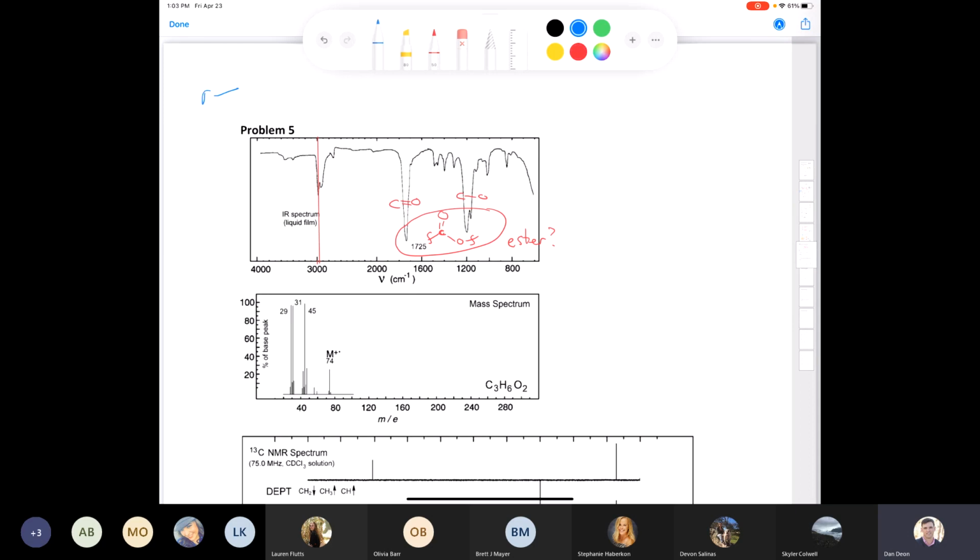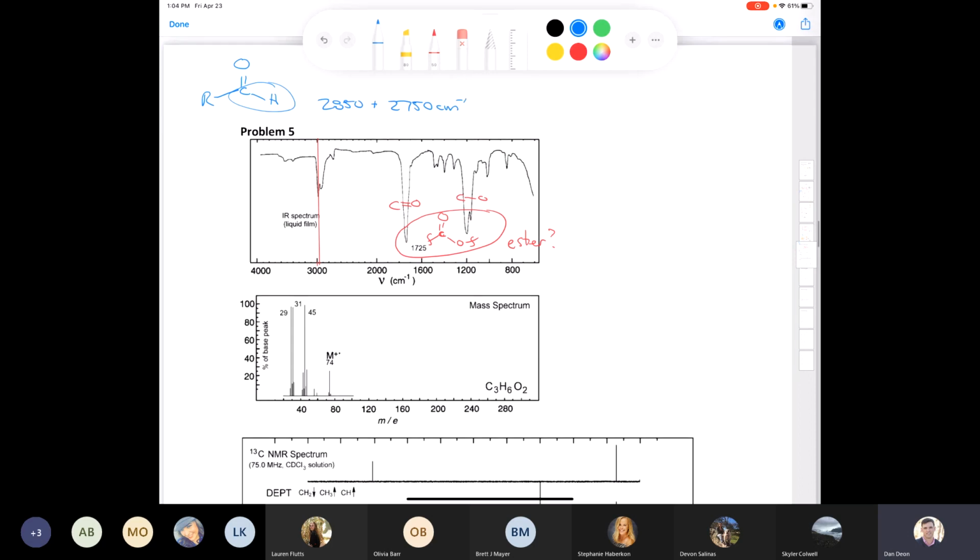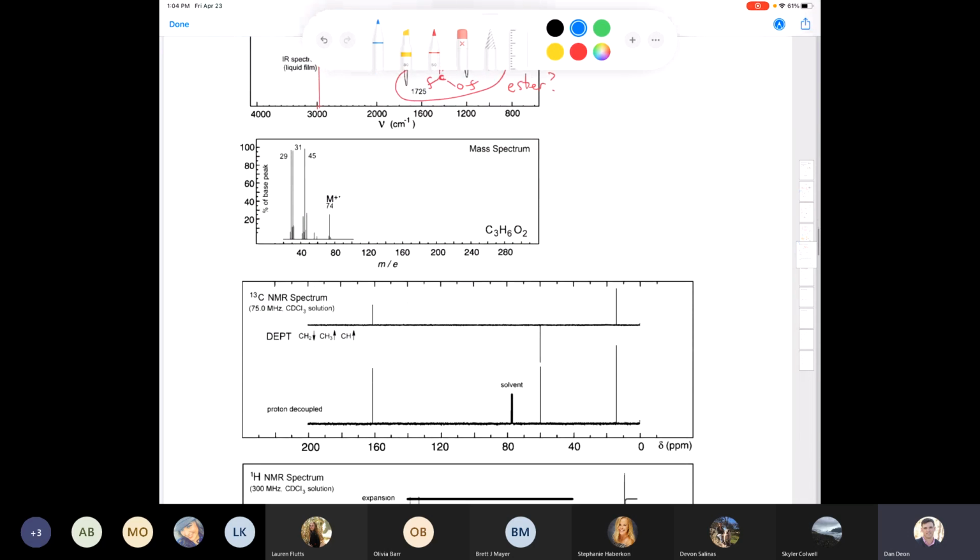This CH stretch is at 2850 and 2750 reciprocal centimeters. We don't see that. Okay, so we might have an ester in our compound.